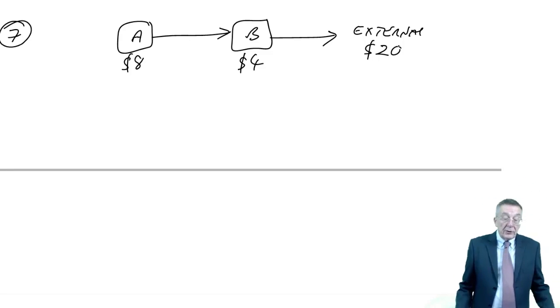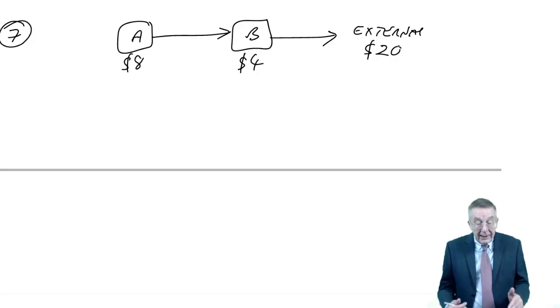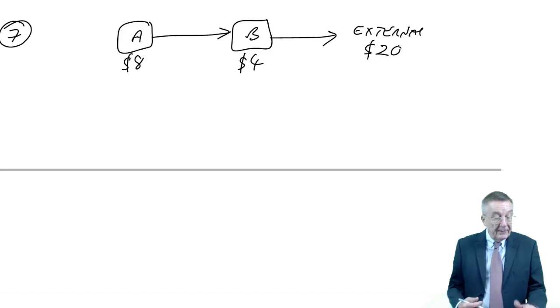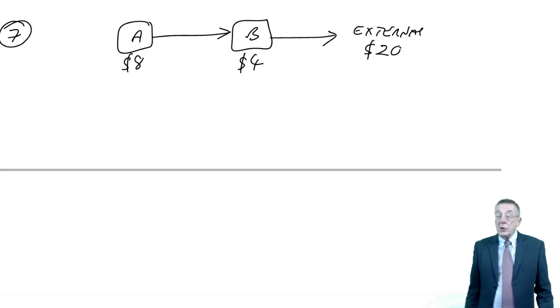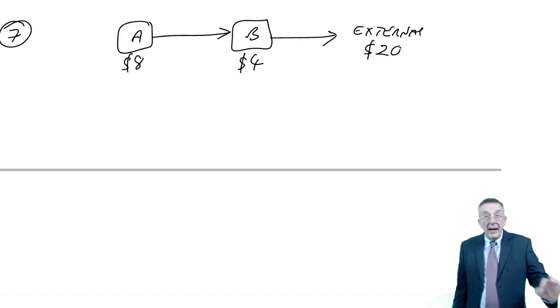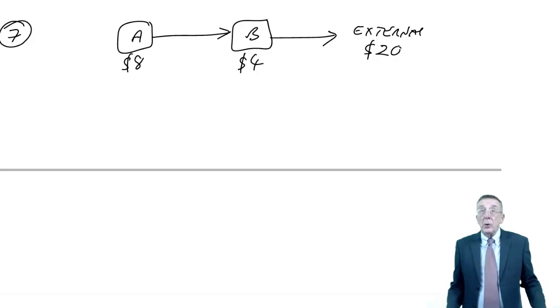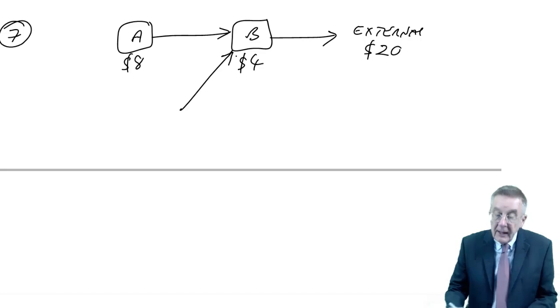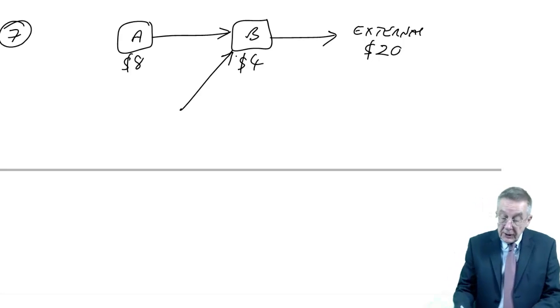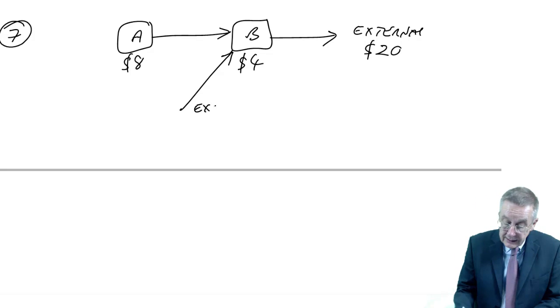Determine a sensible range for the transfer price in order to achieve congruence if Division B can buy part finished goods externally. So this time it's B who has the choice. They can buy goods from A as normal, or alternatively, they can buy the part finished goods externally.